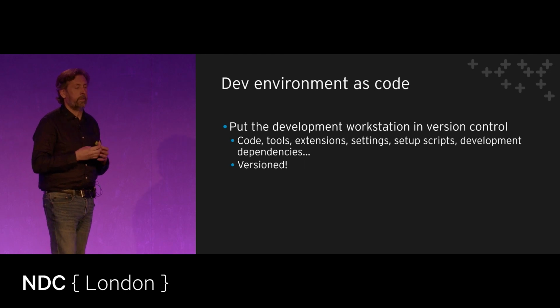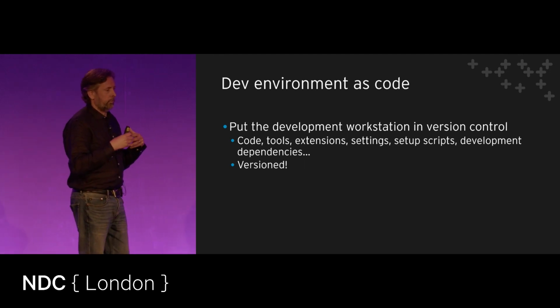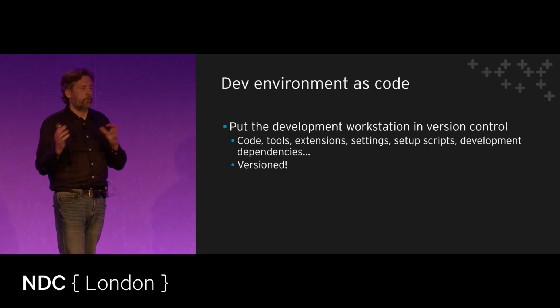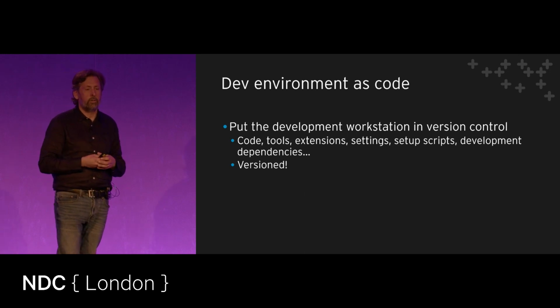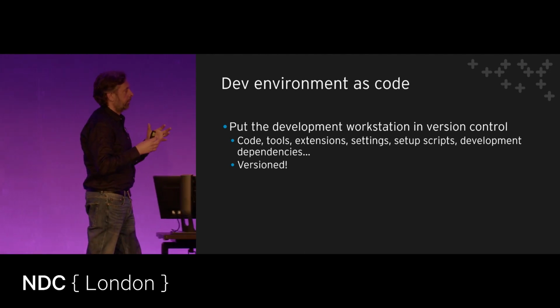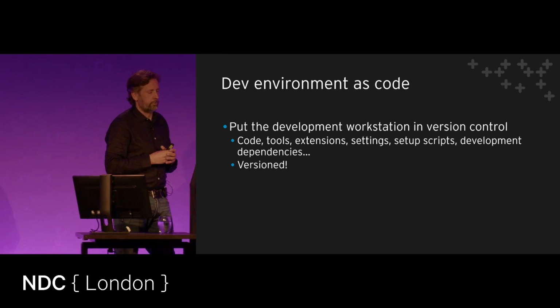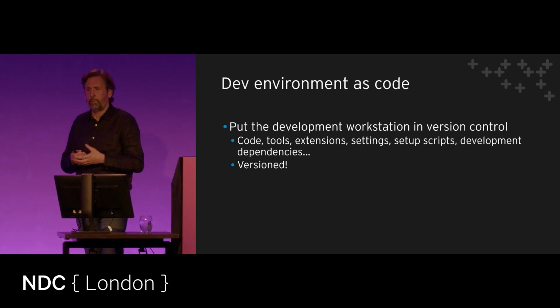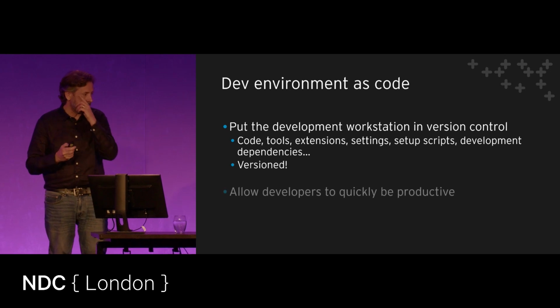I'm sure you experienced a project that you worked on where everything works fine. Then you give it a rest for a couple of months and then go back to it and it doesn't work anymore. It doesn't compile, it doesn't run. And that's typically because not everything is versioned, so things change over time. But if you put it in source control, then it will be the same the next time.